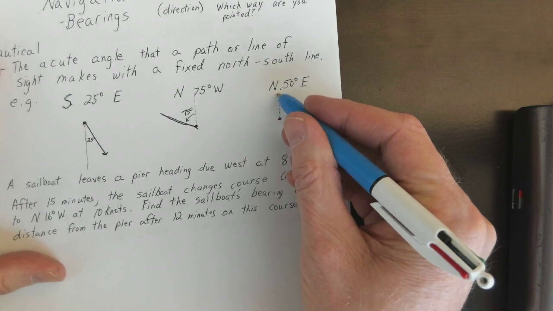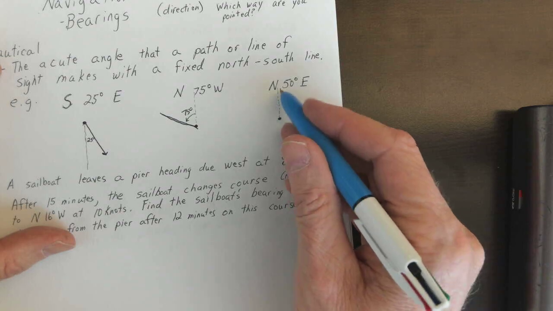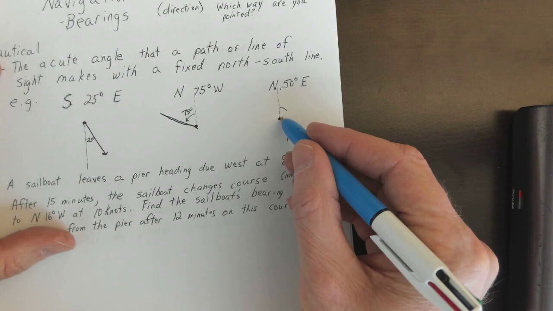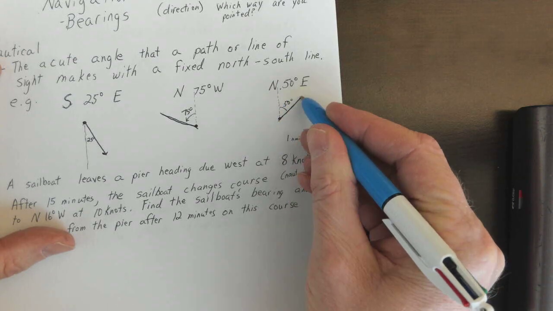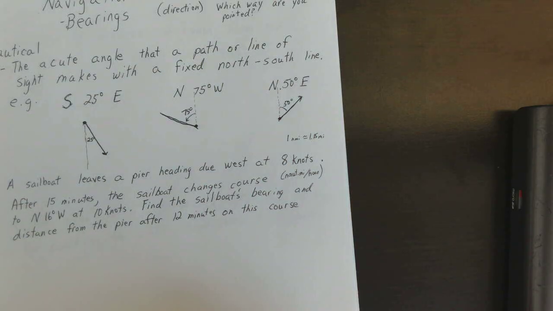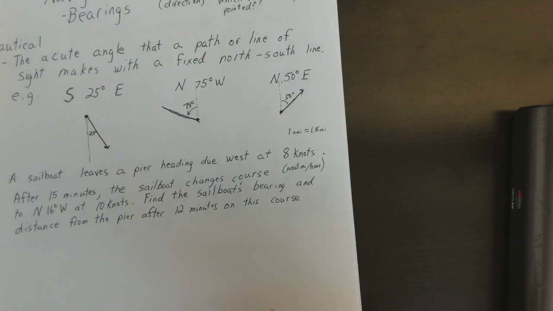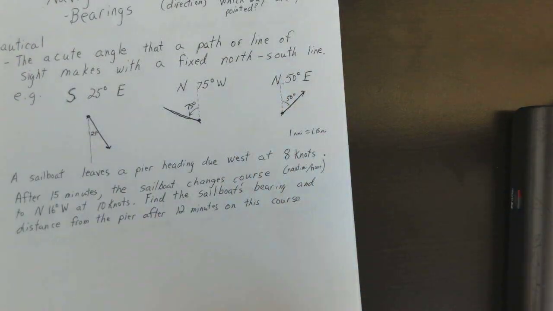If I go off of north 50 degrees, maybe about like that, that's the direction I'm headed. So that's just a general description of what these expressions give us for direction.